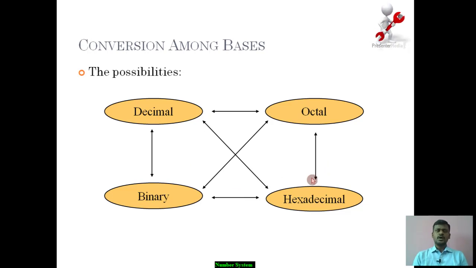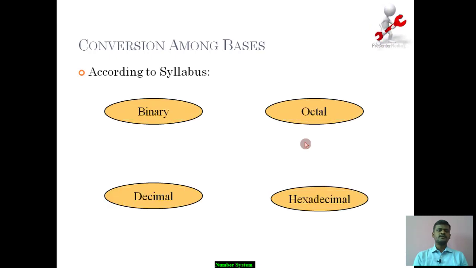But in our session we are not going to cover all the conversions. We will try to learn some of the conversions among all of these. That is, we have 4 different number systems.